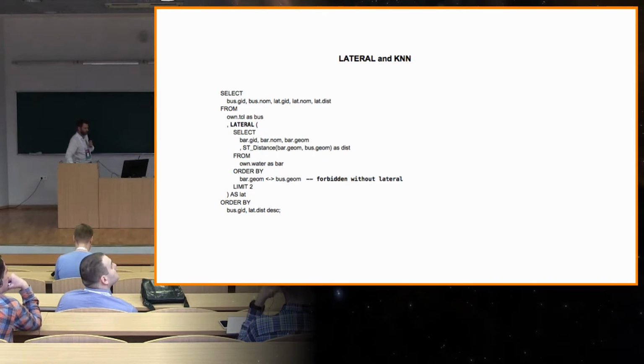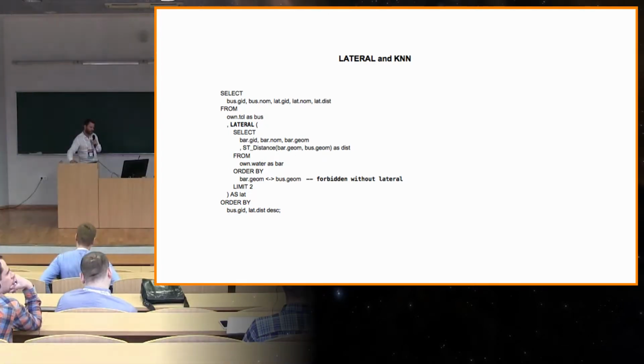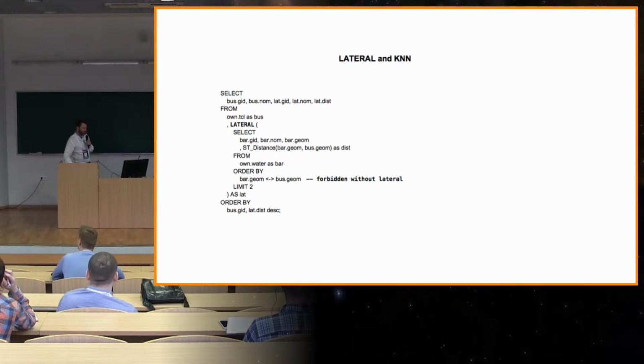And this is because of this keyword lateral and this nearest neighbor operator, and with the two together you are able to grab at once how many nearest neighbors you want in a single query with quite decent performance.